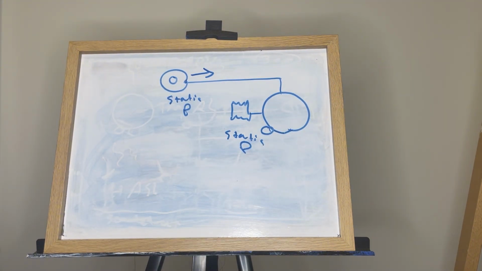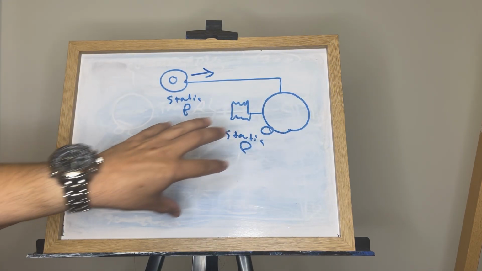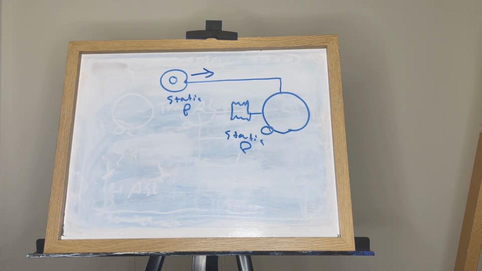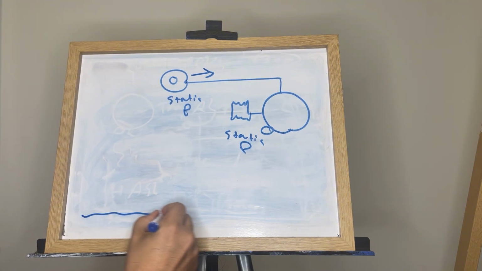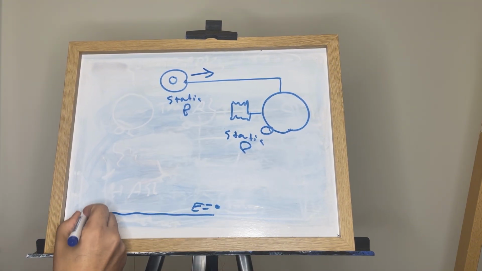First of all, let's talk about what will happen when the altimeter is located at a different altitude. For example, elevation is equal to 0 at sea level.